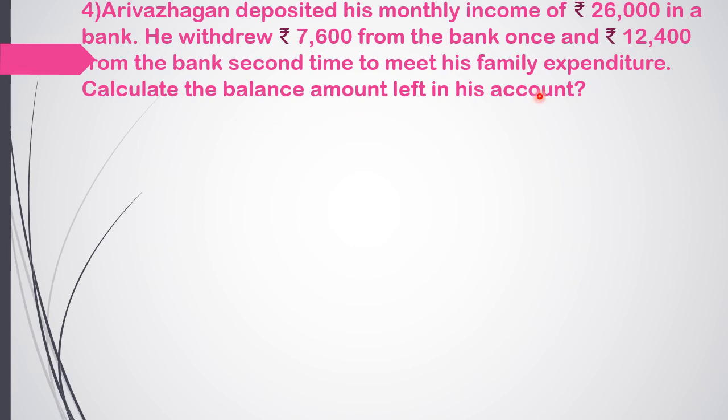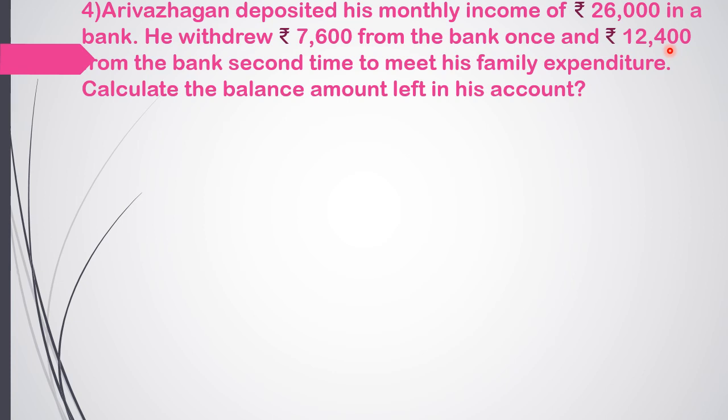So Arivalagan deposited his monthly income of rupees 26,000 in a bank. Then he took rupees 7,600 from the bank the first time. After that he took another 12,400 from the bank. Now we have to find out the balance amount left in his account.